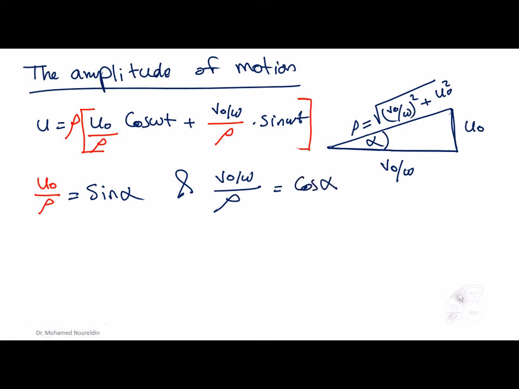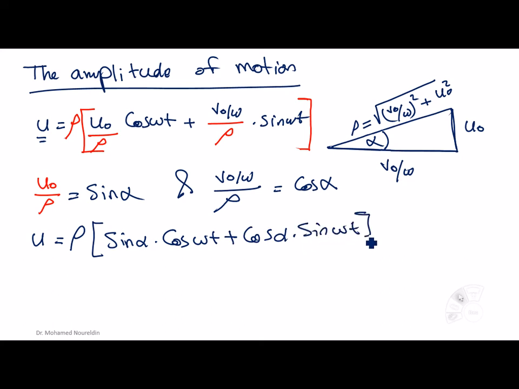So u is going to equal rho times sine alpha cosine omega t plus cosine alpha sine omega t, right?